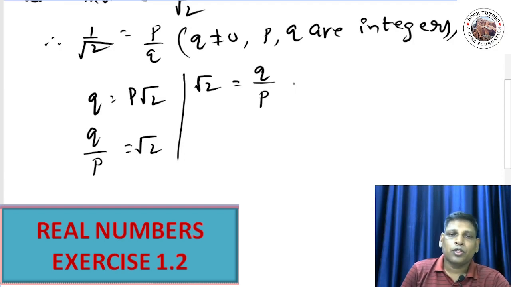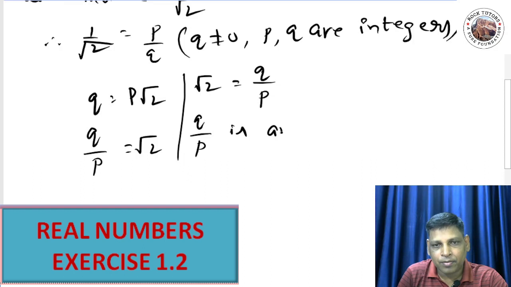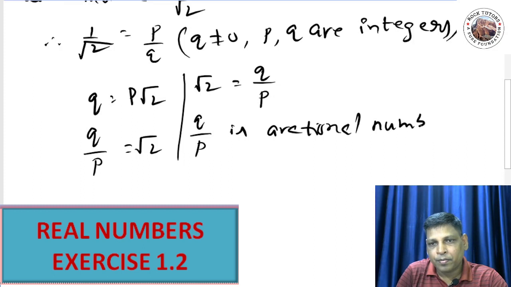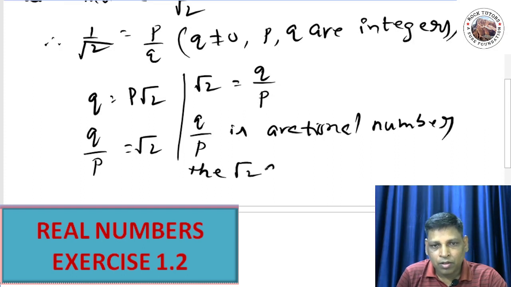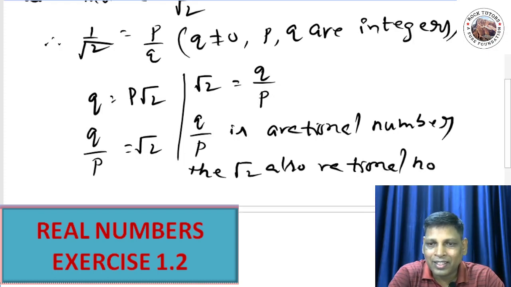You know that q is an integer and p is an integer, so q by p is a rational number. So if p by q is a rational number, then root 2 is also a rational number.